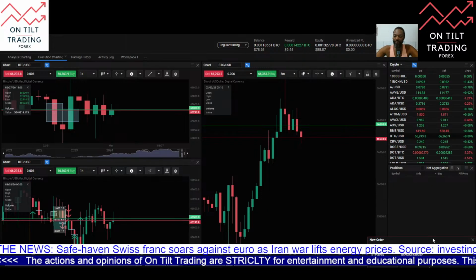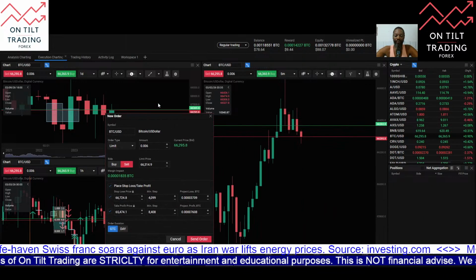Less than 1 minute remaining in the current candle on the 5-minute chart.